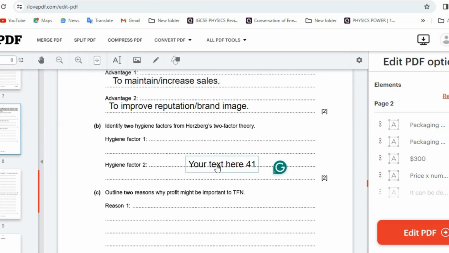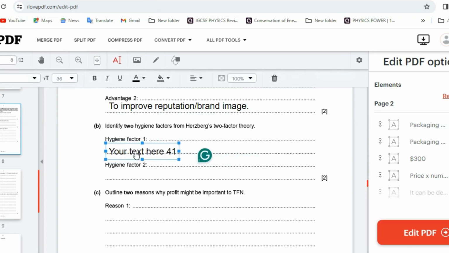Let us try and put the text as we highlighted them. The first one is working condition or working environment.